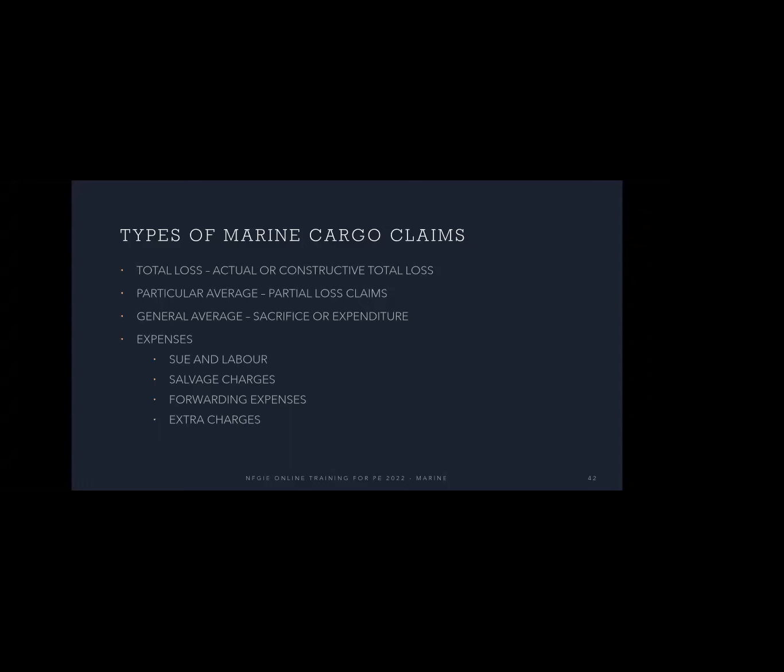This is the formula which we use in case of partial loss claims. It is mentioned in the Marine Insurance Act also. Please repeat it. It is gross sound value minus damaged value, whole divided by gross sound value, multiplied by sum insured.